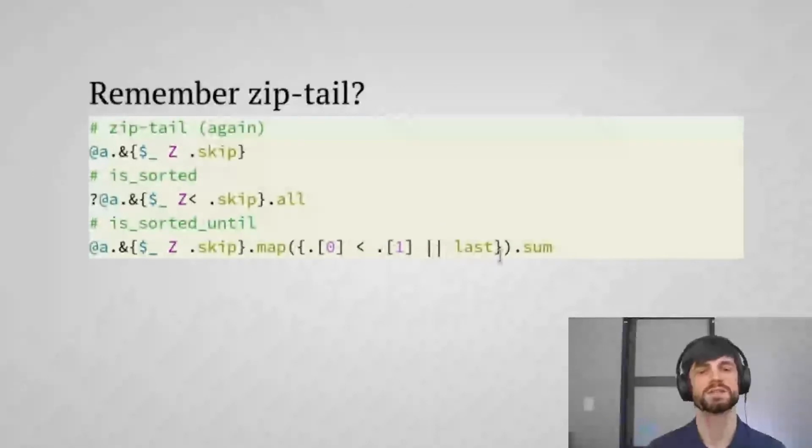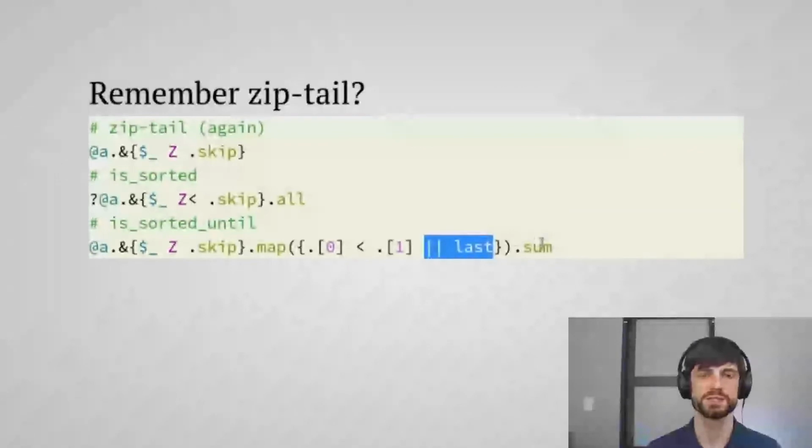And if it is, proceed on to the next. And if they're all sorted, then just sum up the count and say that it's sorted until the very end of the list. But if we ever get to a point where an item is not less than the following item that it's been paired up with, we need to bail out early, which Raku lets us do.